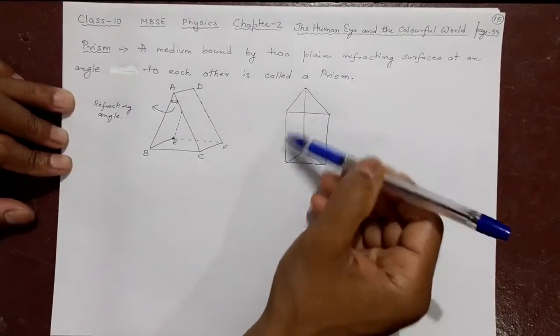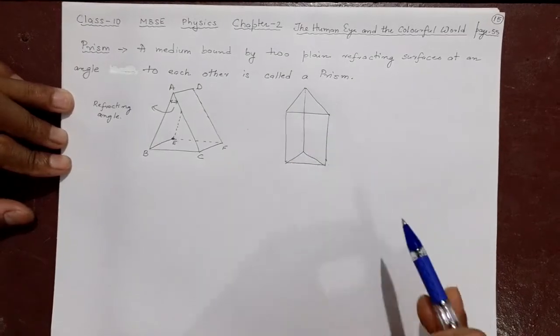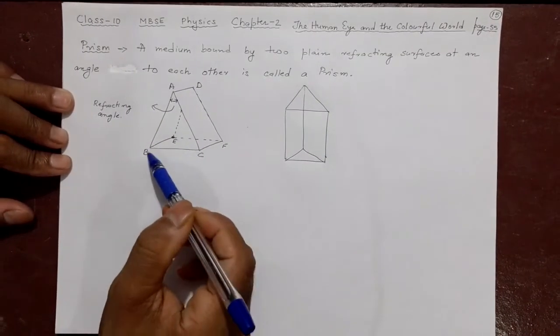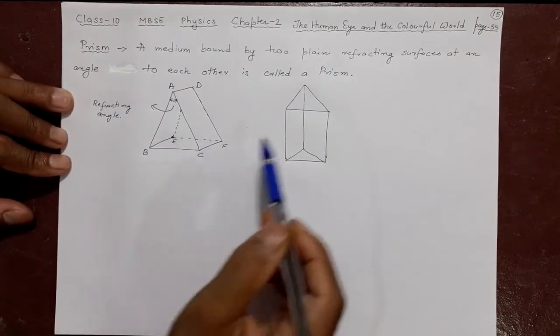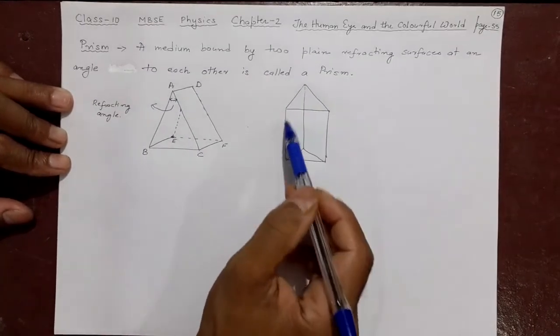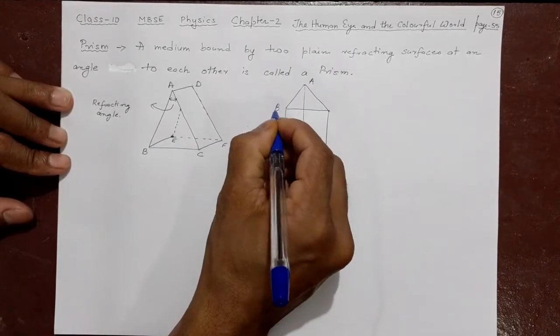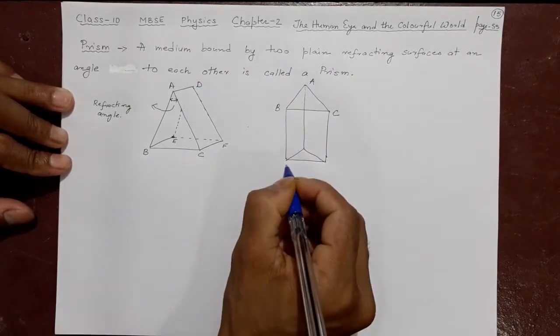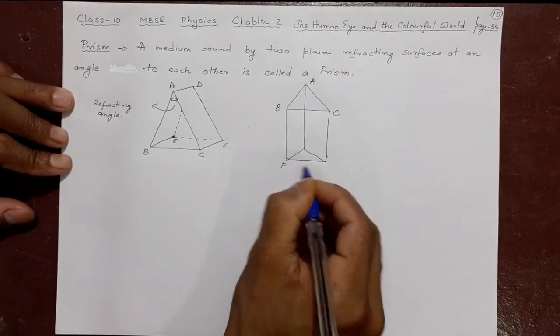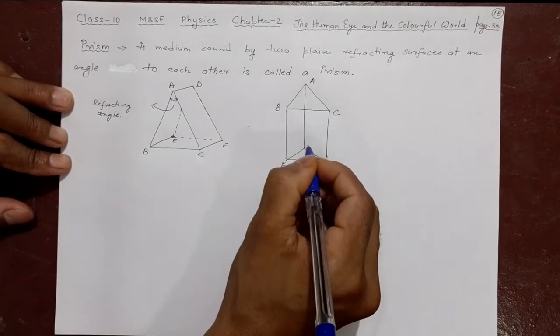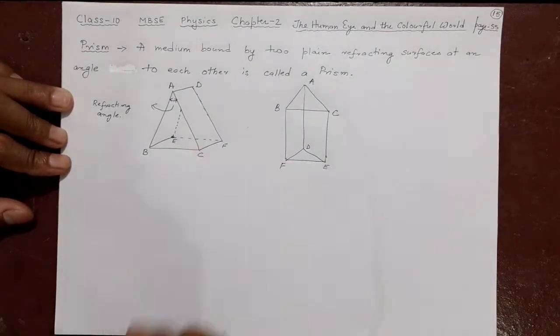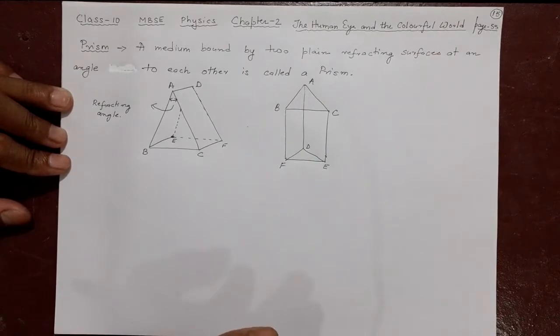Now it is facing towards your face. This is actually the floor, the ground. B, C, F, E is now this side. This is A, this is B, this is C, this is F, this is E, this is D. You can understand? So this is the prism, you can understand very clearly.